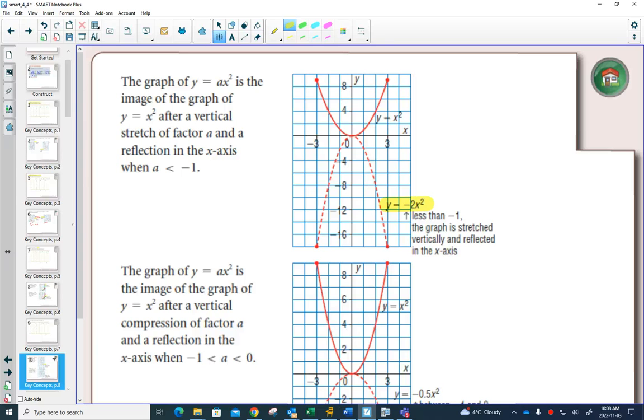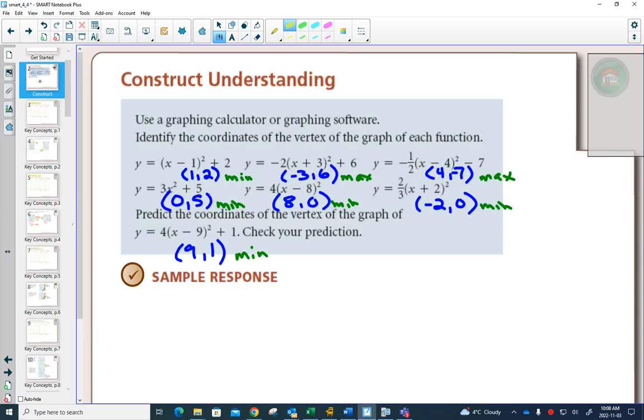And before I was able to tell if something was a minimum or a maximum, and I asked you if you could find the hint for that, right? Notice that the ones that have a negative in front flip that parabola down. This is good imagery: the vertex would be a maximum.